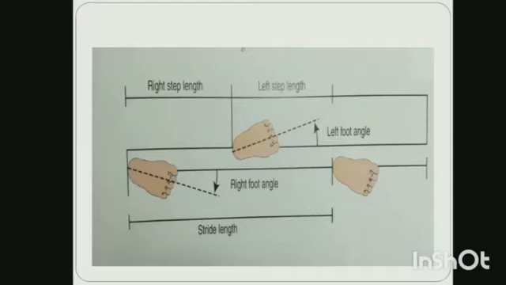We can also define the stride duration. It is the amount of time it takes to accomplish one stride. Now here the degree of toe out is also shown.